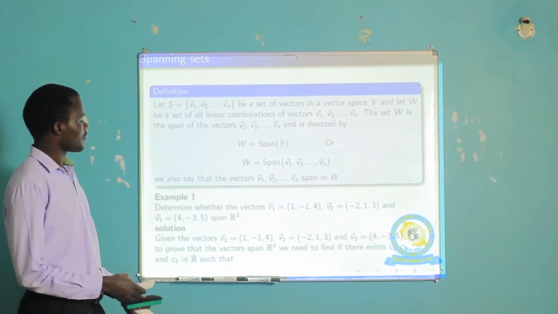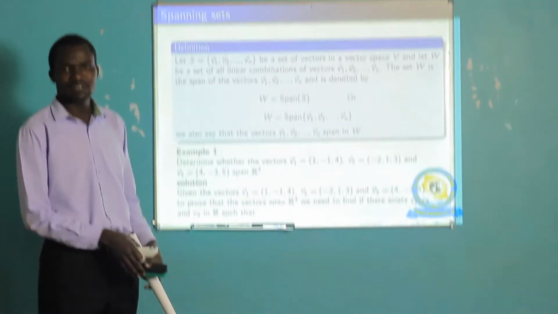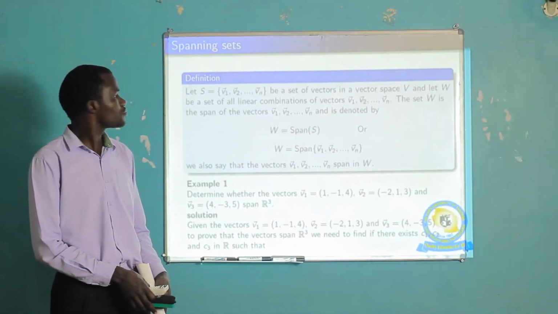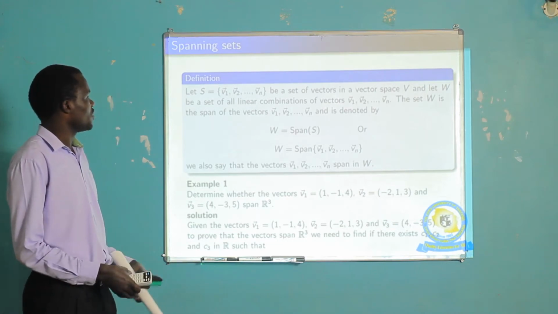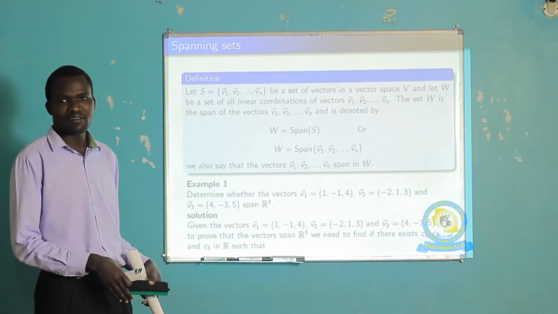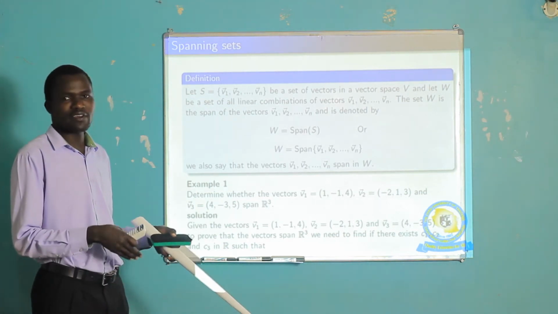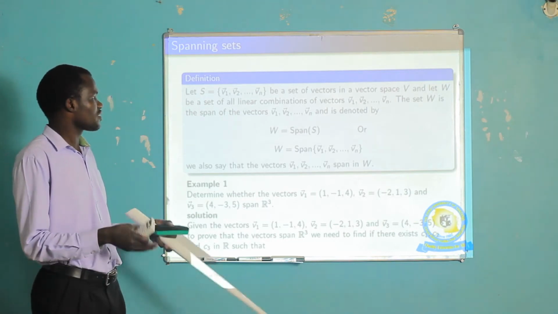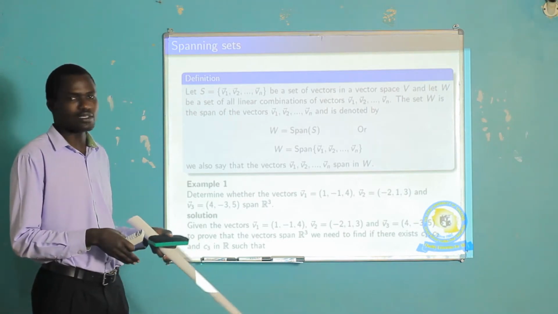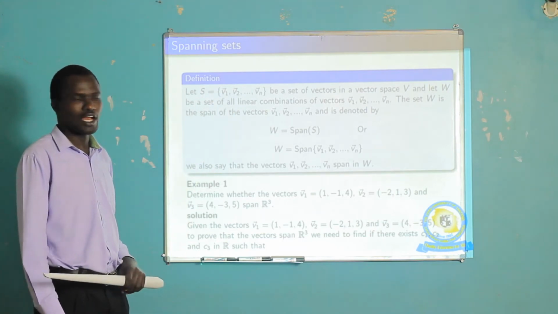Okay, let's see what spanning sets are. By definition, let's say we have a vector space V, and we have a set which is a subset of vector space V, call it S, with vectors V1 up to Vn.